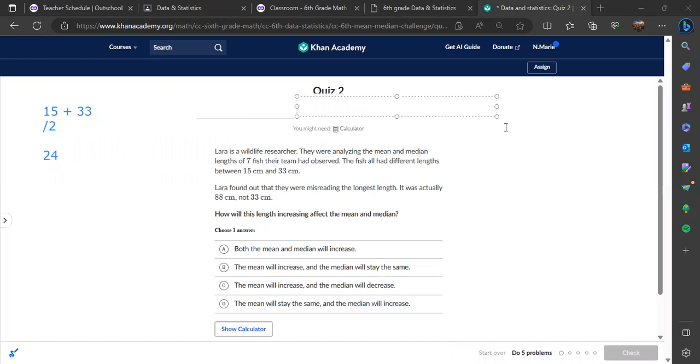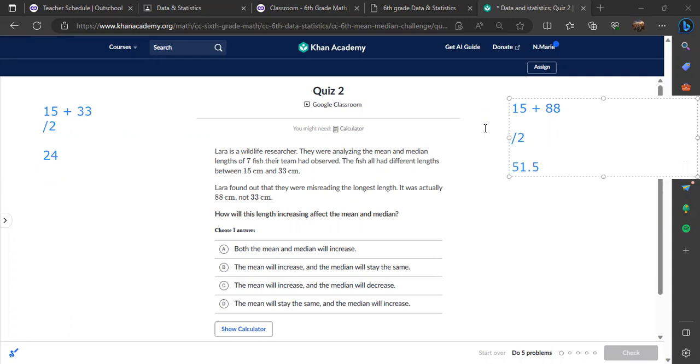So then if I had 15 and 88, and I added that together, and I divided it by 2, I would get 51.5. So you can see that the mean increases. So the mean will definitely increase.